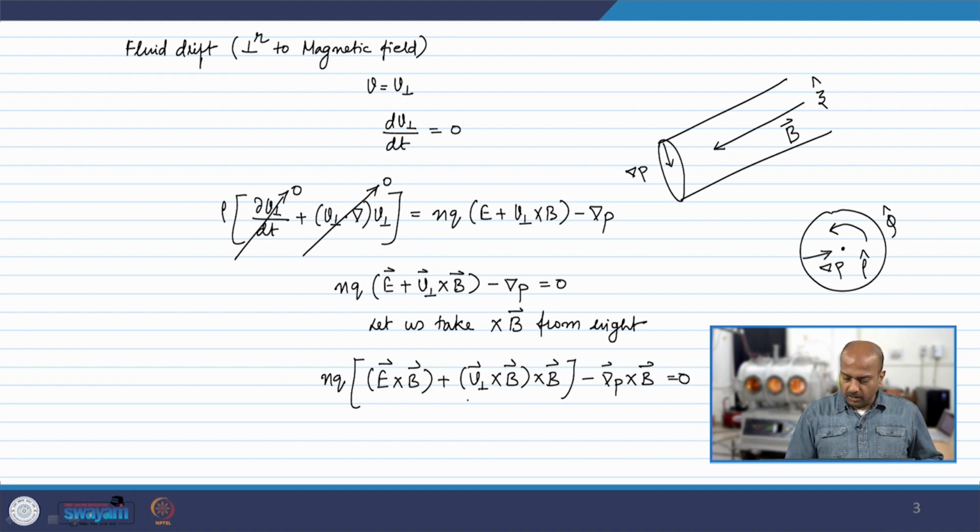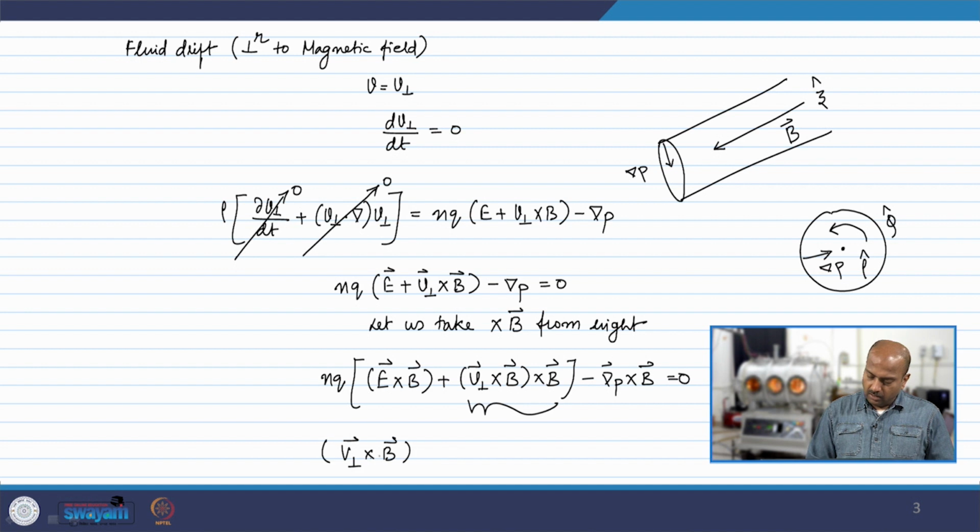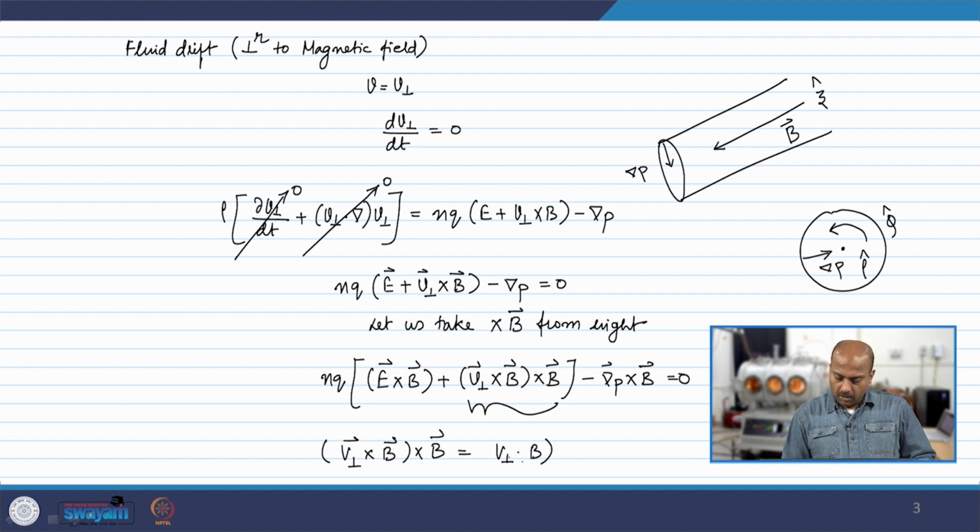So, this is in the form of A cross B cross C, which can be expanded by following a simple vector identity, which gives v perpendicular dot B. Right.